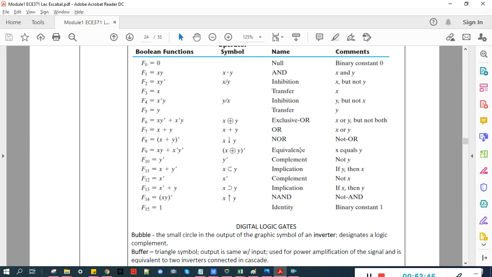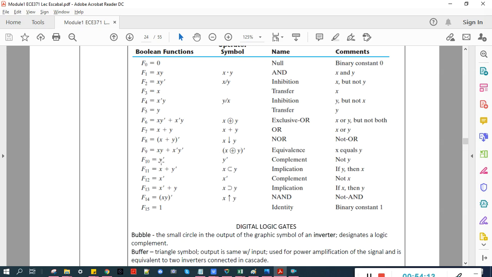That's equivalence, it is called equivalence. X equals y, because f9 is equal to 1 if both x and y are equal. Either both x and y are 1 or both x and y are 0. That will make f9 equal to 1 if x equals y.